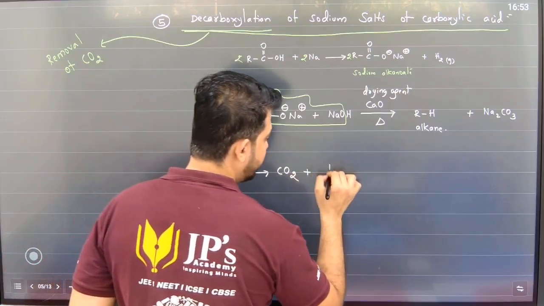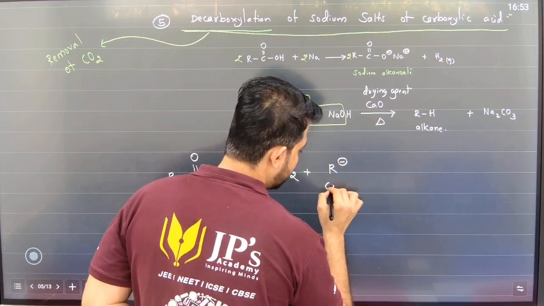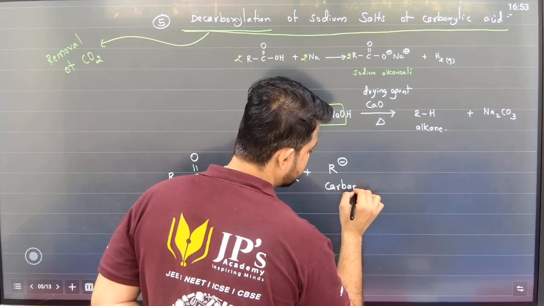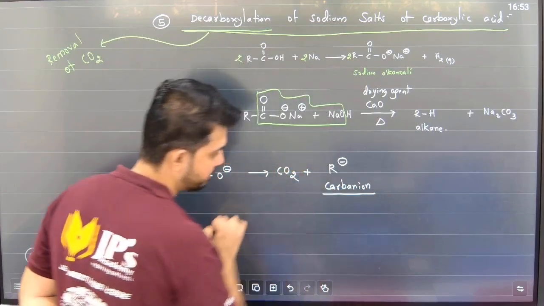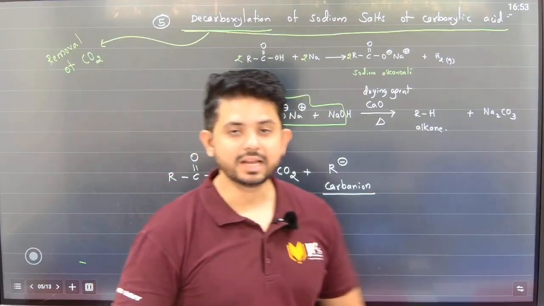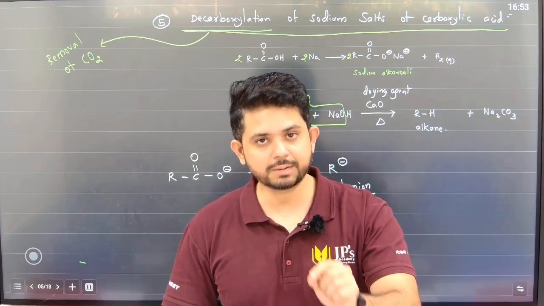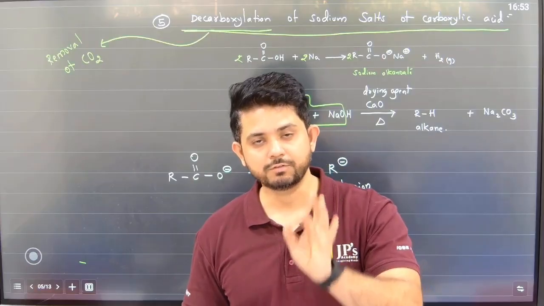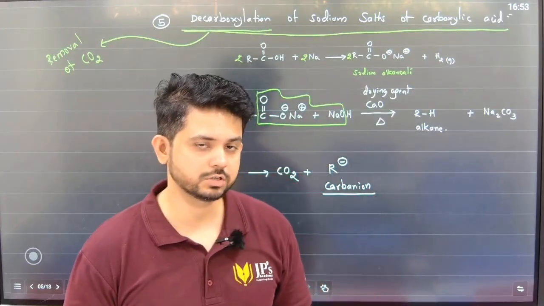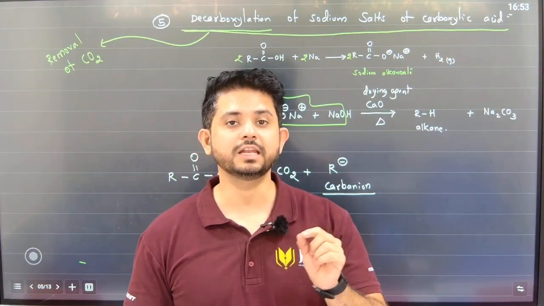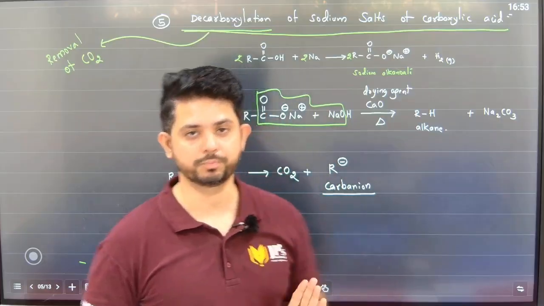and along with that we get a carbanion in the reaction. I repeat, we get a carbanion, and hence, very important point, students, if you want to increase the rate of decarboxylation, you should have an electron withdrawing group.